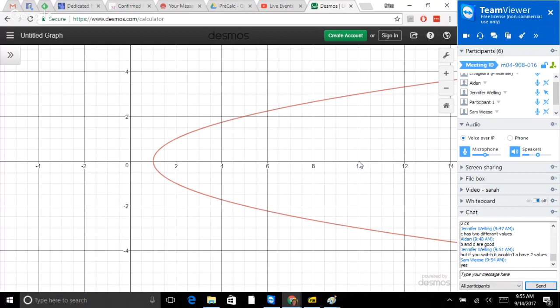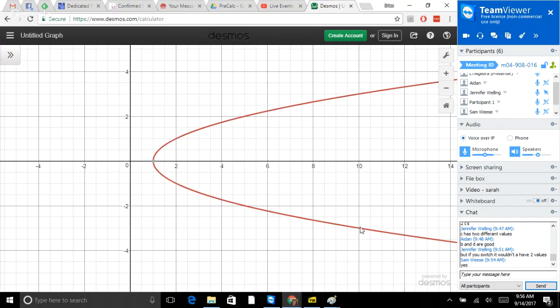But unfortunately, when we put in a value of x, we have 2 different values of y. So if we put in x equals 10, we get, you guys get it, x equals 10, y equals positive 3, and x equals 10, y equals negative 3. So there's two possible values. So this would not be a function.